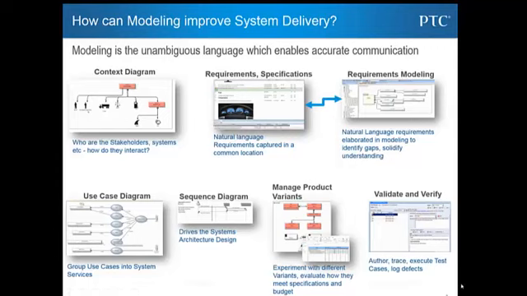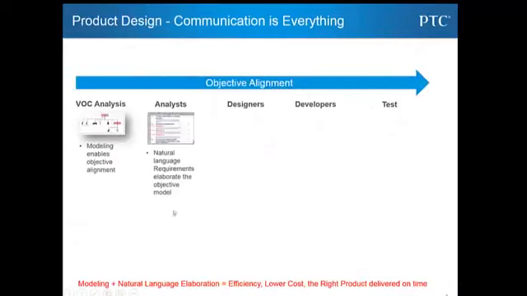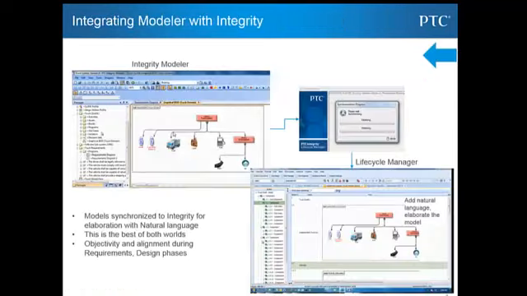What would that look like if we applied it in a life cycle? If we started with modeling and then we elaborated it with requirements, for instance, it might look like this. The model begins here, but then via our integration we bring that into the natural language environment of Lifecycle Manager and elaborate that model. Now we've got the best of both worlds happening.